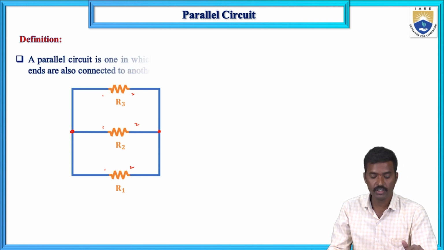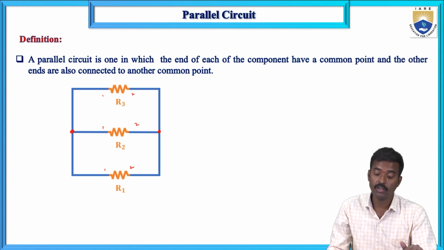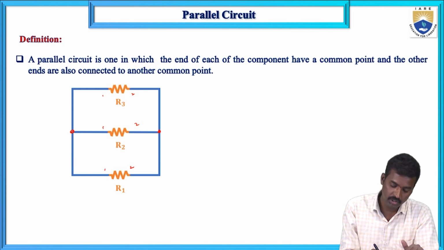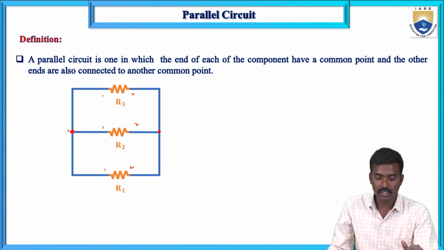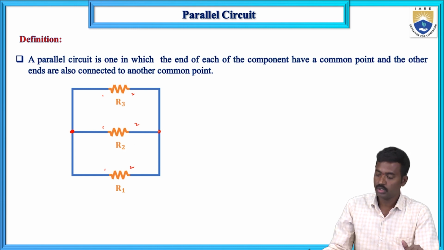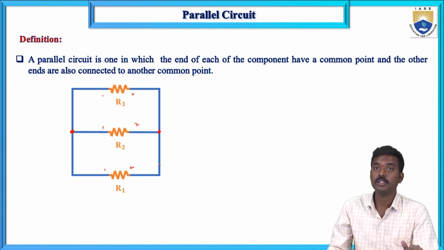By definition, a parallel connection is one in which one end of each of the components has a common point, and the other ends are connected to another common point. So this circuit is a parallel circuit.